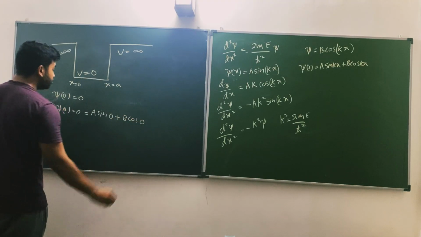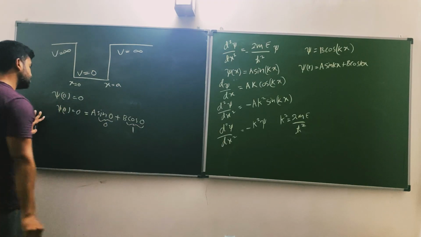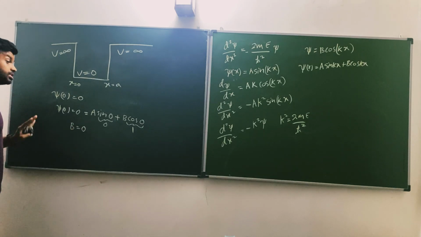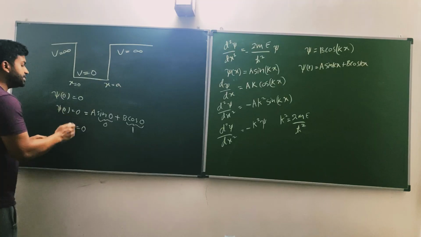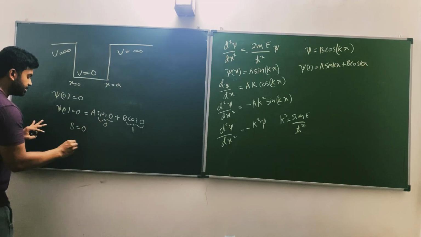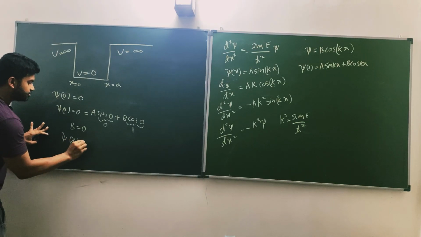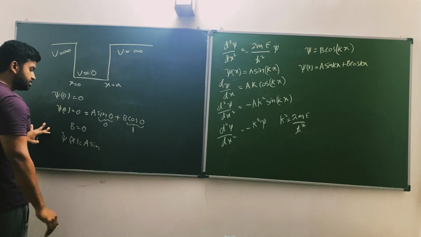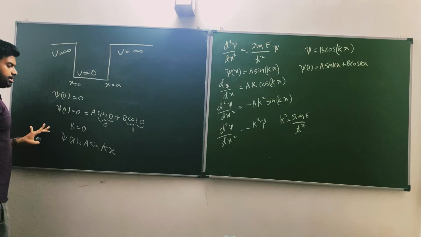We already know that sine 0 is 0 and cos 0 is 1. So I end up with B is equal to 0. I have already figured out what B is. So the wave function would finally look like phi x is equal to A sine kx. Now there's no B part anymore. Are we done? Not yet.